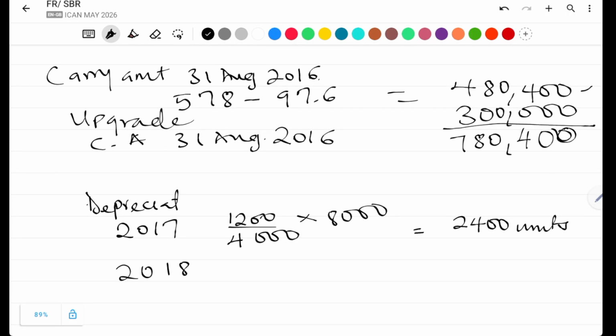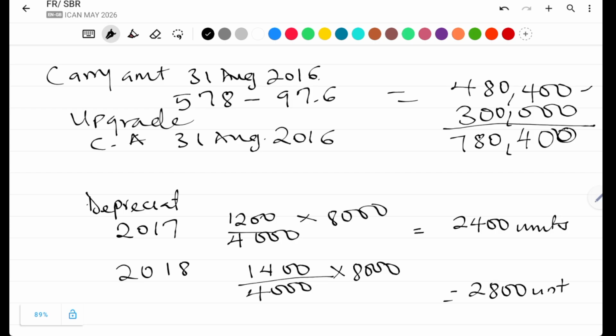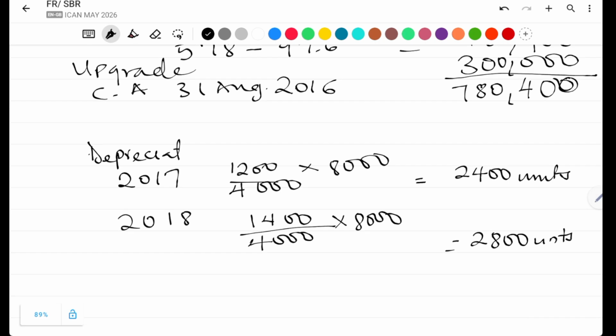Unit used in 2018 would be what? The unit for 2018, the old one says 1,400 over what was left, 4,000, right? Before we changed. So we want to equate it to 8 million, and that's 2,800 units. Then the unit used in 2019.